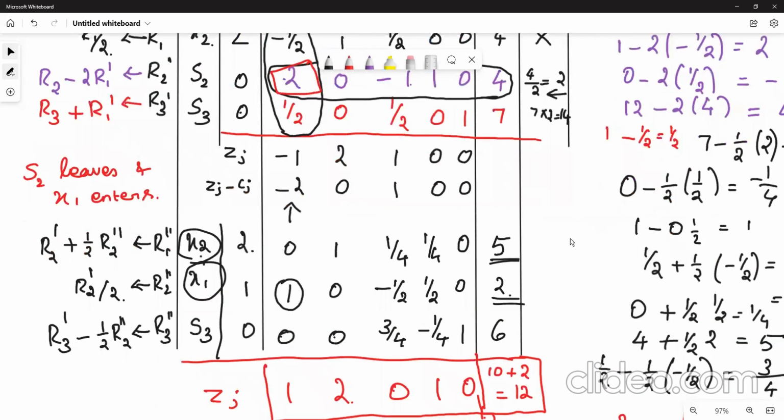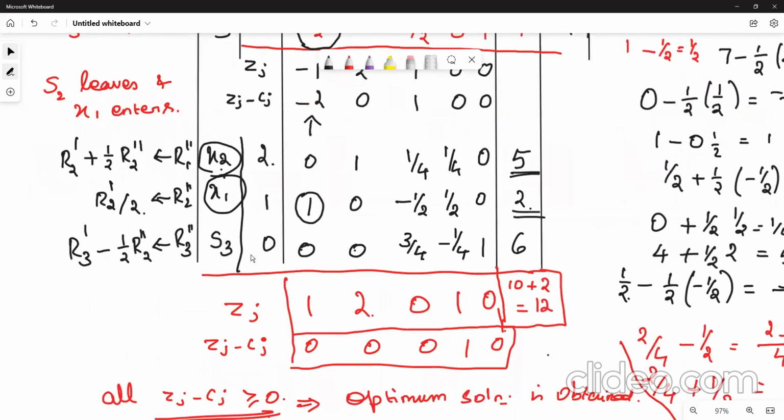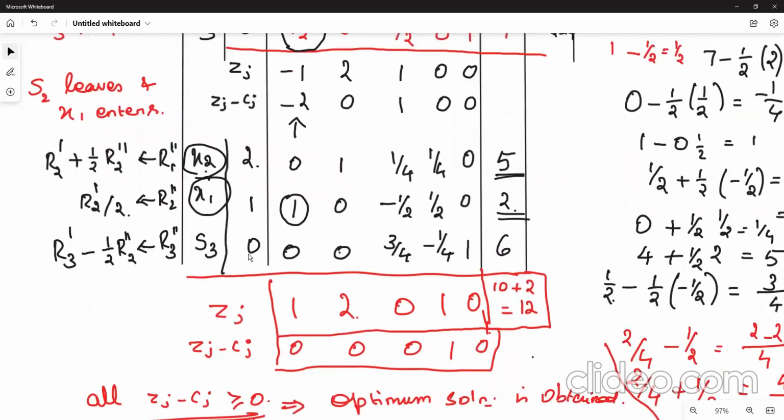The second is when you get all Zj minus Cj greater than or equal to 0, but a slack variable is present in the basic variable column with a non-zero value. In that case also you will conclude that the solution is non-optimum. We cannot find the optimum solution.